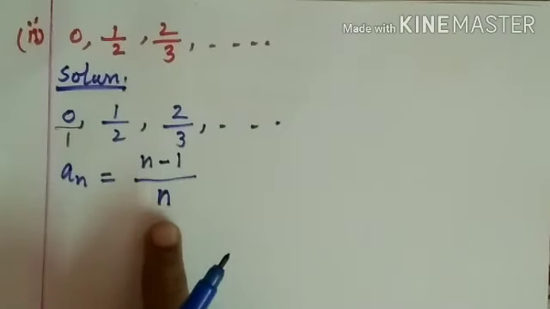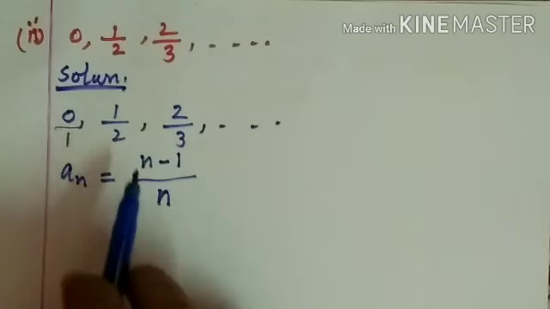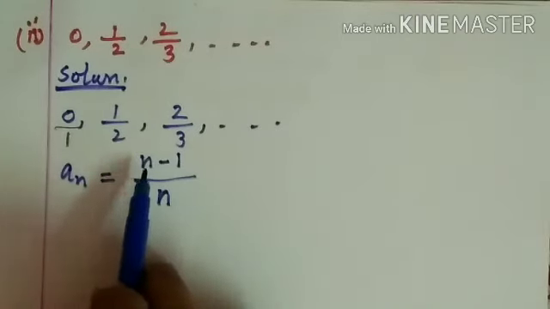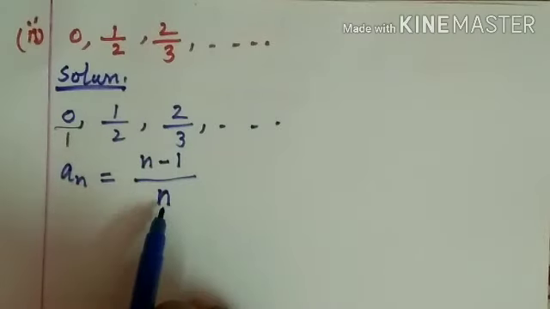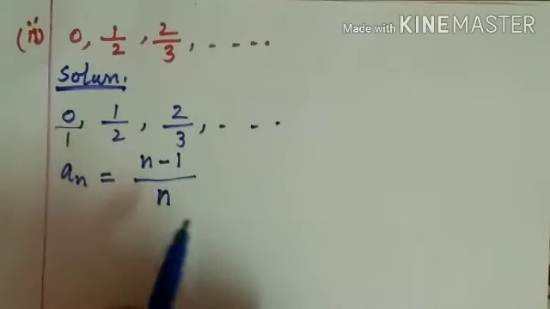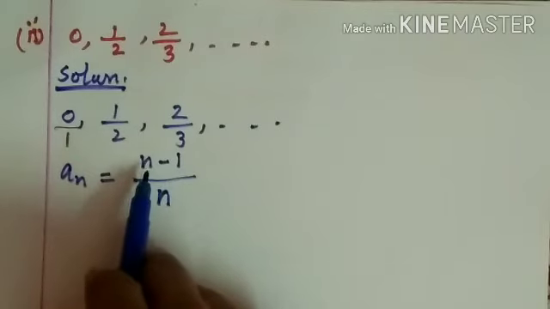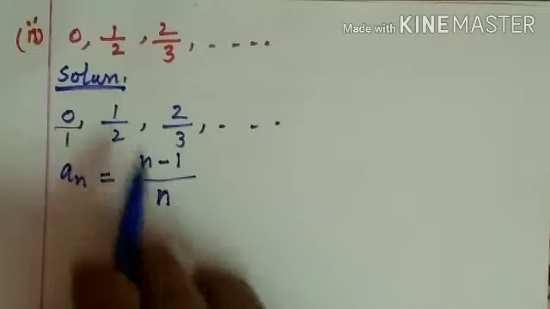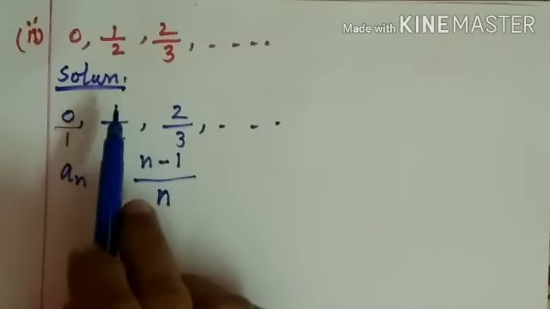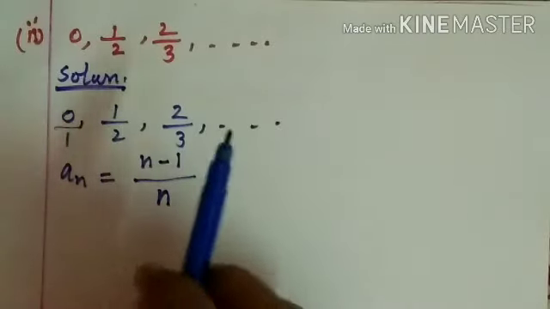We know that n always belongs to natural numbers. So, for n you take 1, means here 1 minus 1, 0 by 1, that is 0. Then for n you take 2, means 2 minus 1, 1 by 2, that is the second term of the given sequence.